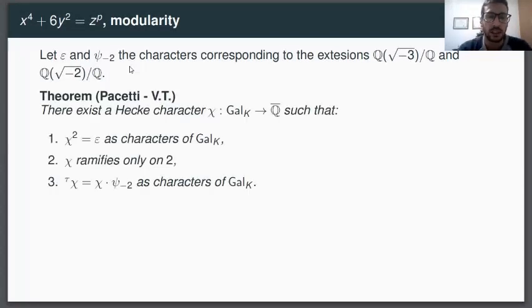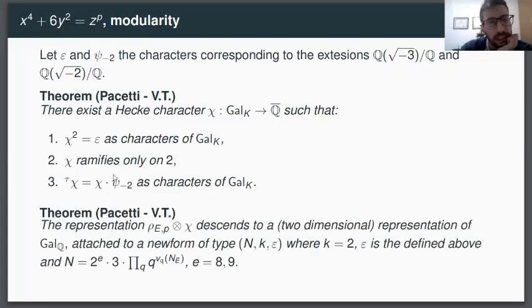So we have this theorem which states that there exists a Hecke character such that it satisfies these 3 conditions. The third one basically says that this is the character by which we have to twist. Notice that we are twisting by this character. The second one gives information about the level of the newform.